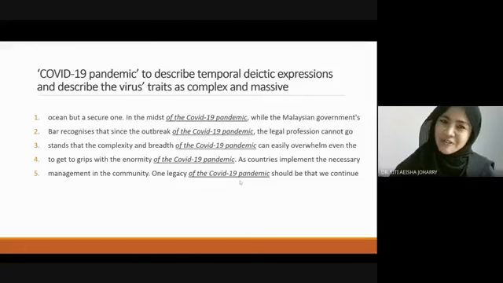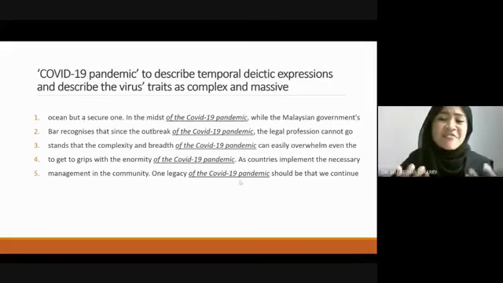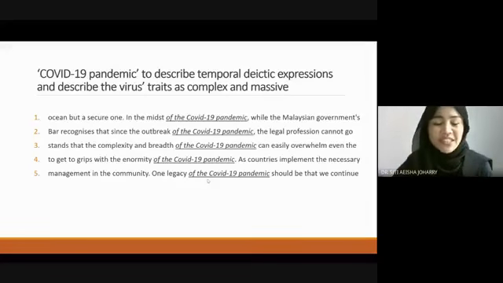Usually if you look up the word legacy, it's always co-occurring with wealth, inheriting wealth, or the legacy of someone very famous, or something positive. Very rarely do we see legacy occurring with something bad. So in the use of legacy here, the letter was very much optimistic in nature.